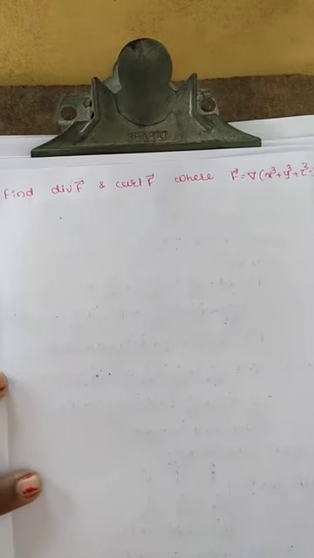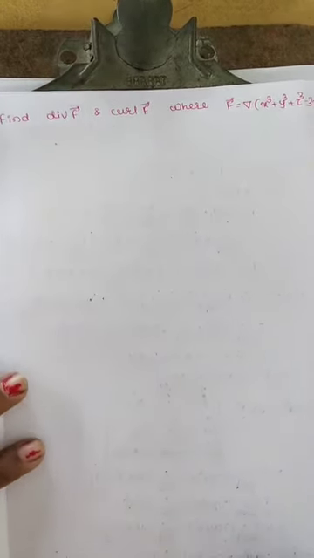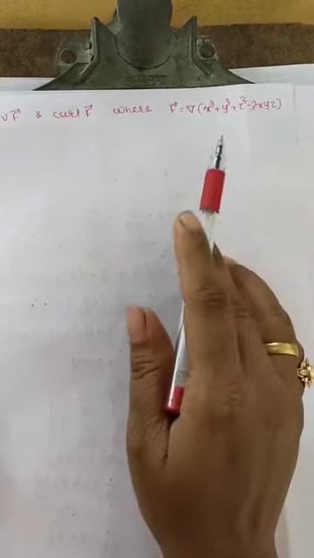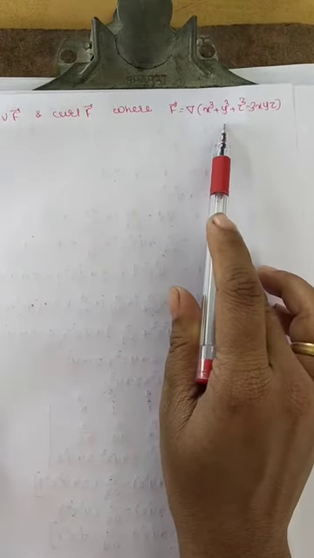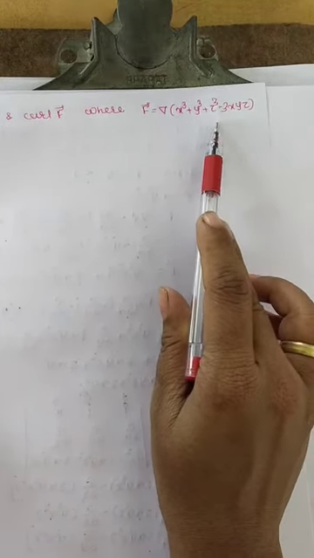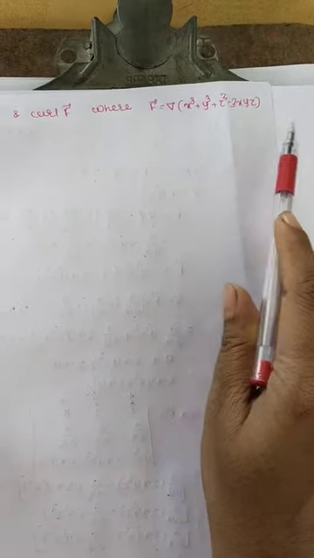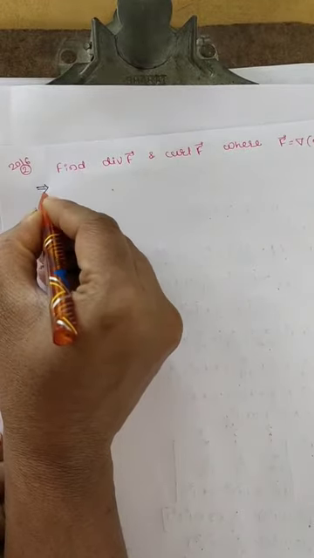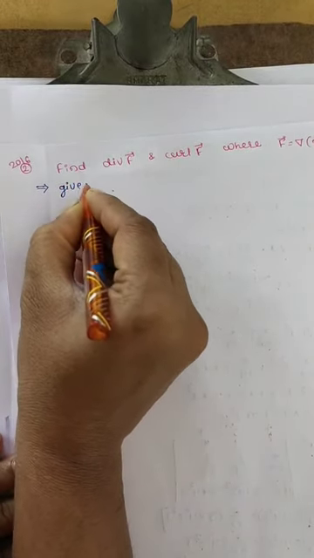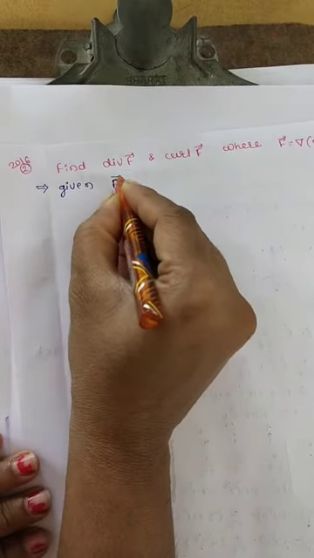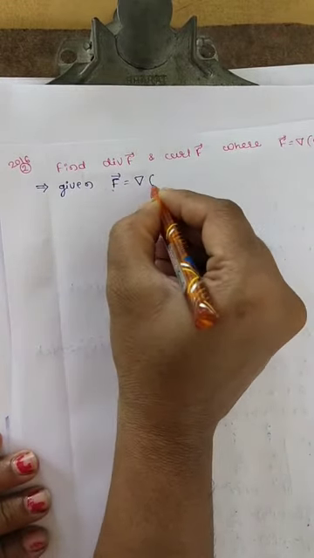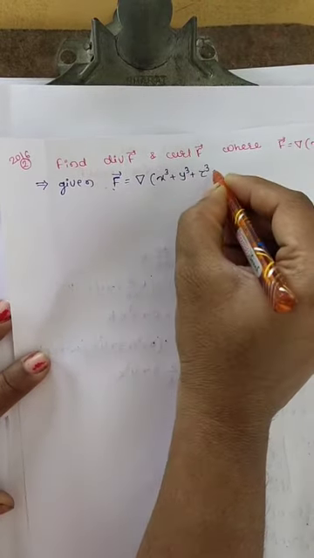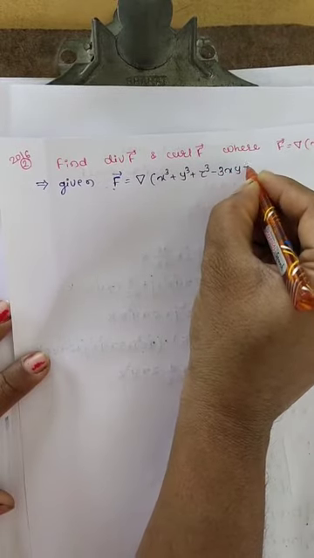The next example is: find divergence of f and curl f where vector f is equal to del of (x³ plus y³ plus z³ minus 3xyz). Now the given, first we have to write here. Given vector f is equal to del of (x³ plus y³ plus z³ minus 3xyz).